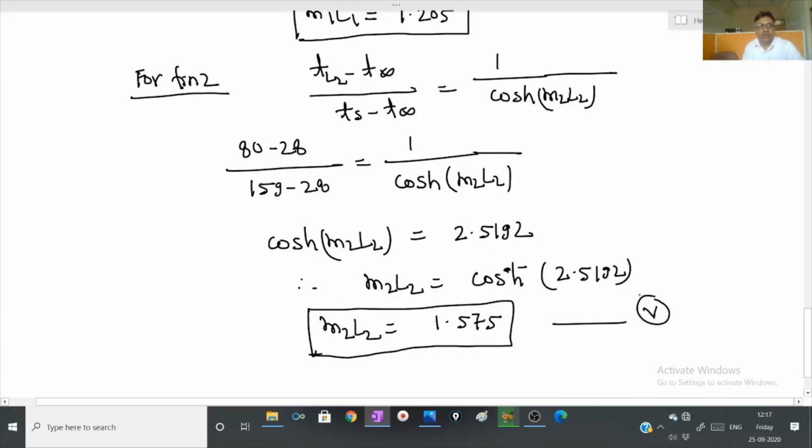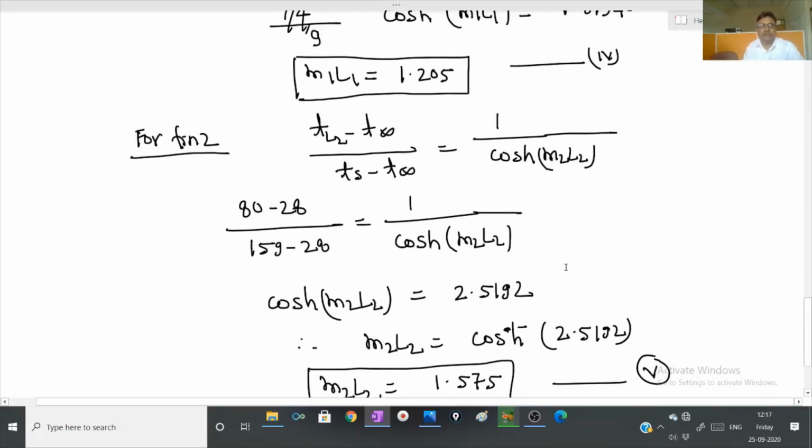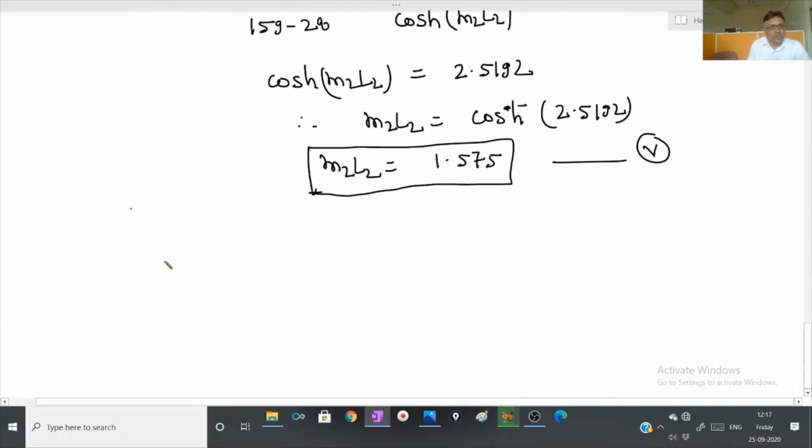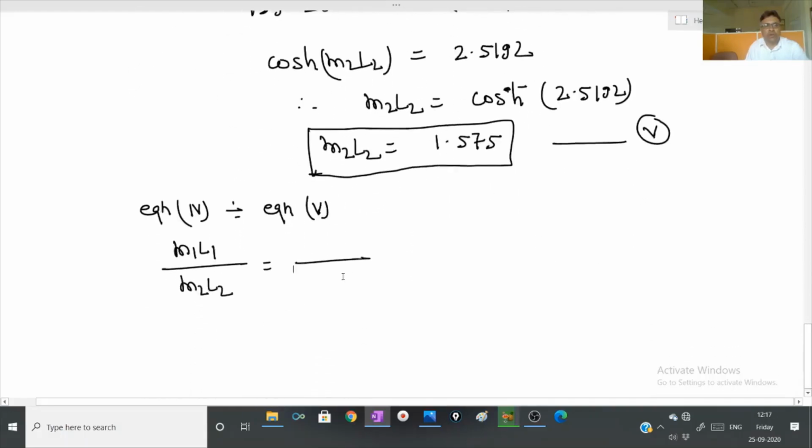So we have m1 L1 = 1.205 for fin 1 and m2 L2 = 1.575 for fin 2. So let us do equation 4 divided by equation 5. So it will give me m1 L1/(m2 L2) = 1.205/1.575.